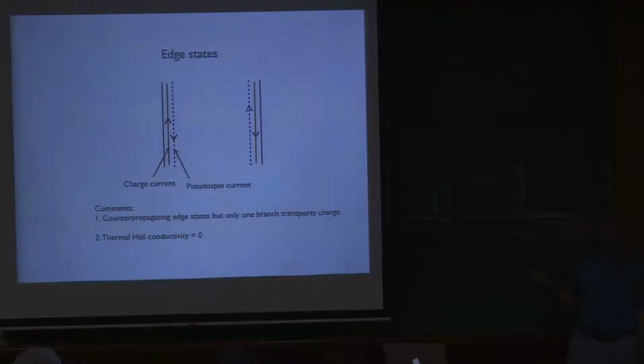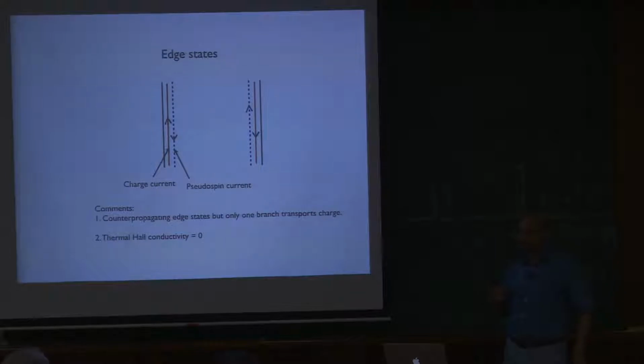So long as charge conservation is preserved, I can't scatter a right mover against a left mover. Charge conservation prohibits backscattering. So even though the edge states are non-chiral, there is no backscattering for symmetry reasons.